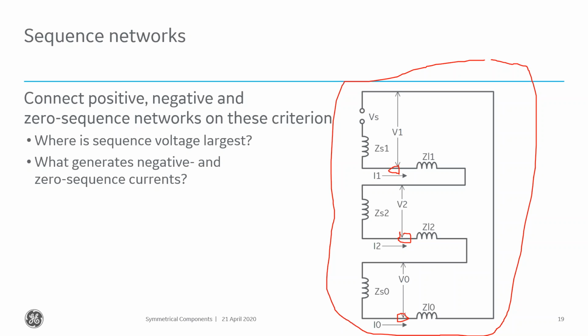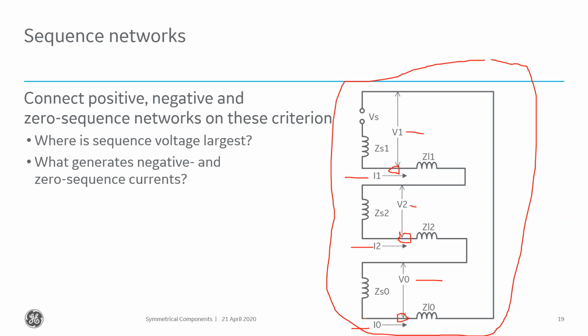So if my metering point's right there, this V2 that I show here is the negative sequence voltage that the relay can calculate, along with the positive sequence voltage and the zero sequence voltage. There's also a negative sequence current, a positive sequence current and a zero sequence current. And what's fascinating about this is, where is the voltage the largest?